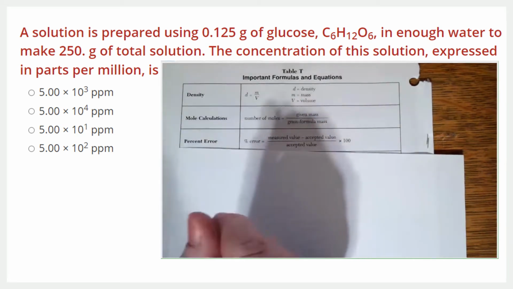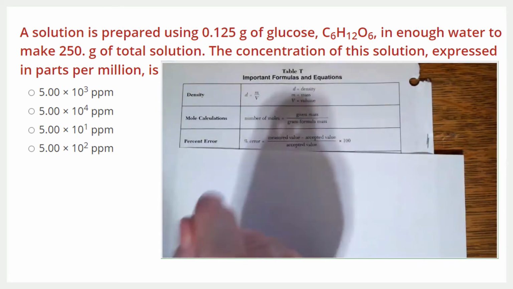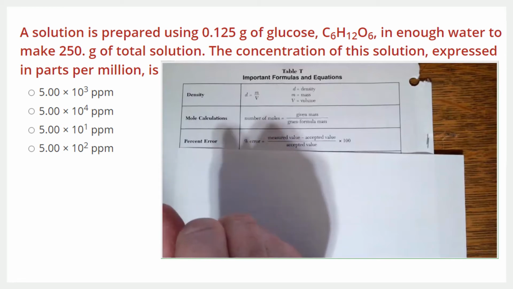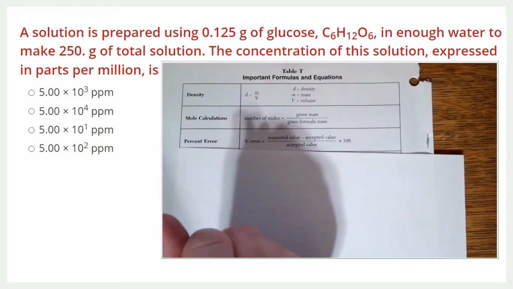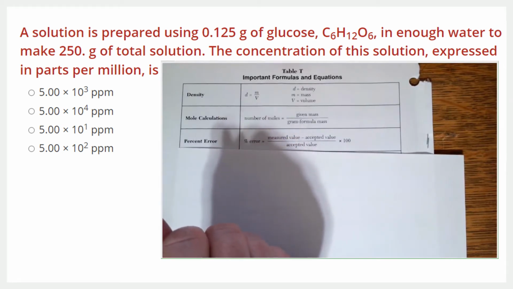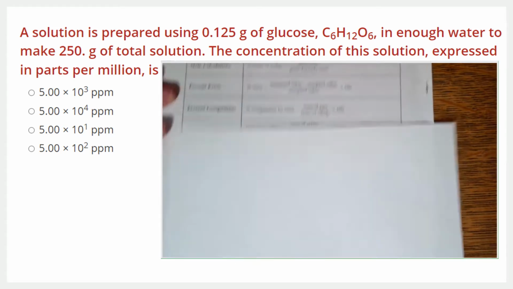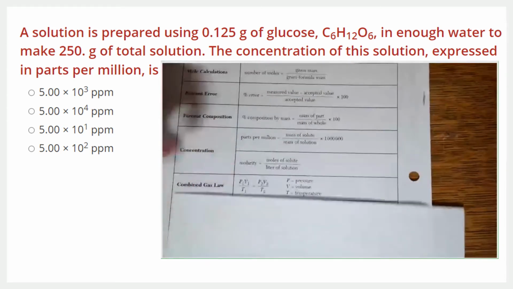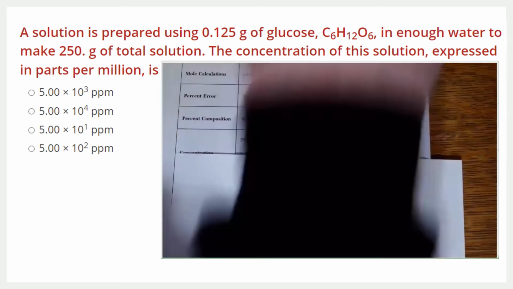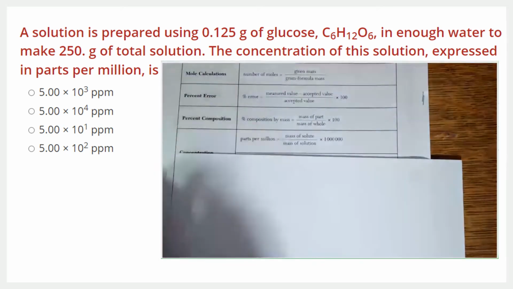A solution is prepared using 0.125 grams of glucose and enough water to make 250 grams of total solution. The concentration of the solution in parts per million. All right, so I need this formula, parts per million. Okay, so I'm just gonna do it like this so I can still see the formula.